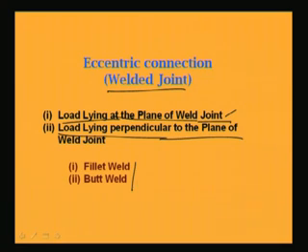Here also the calculation will be different for fillet weld and butt weld. Basically, the permissible stress is different in the case of butt weld and in the case of fillet weld. We will discuss all this in detail in this lecture.